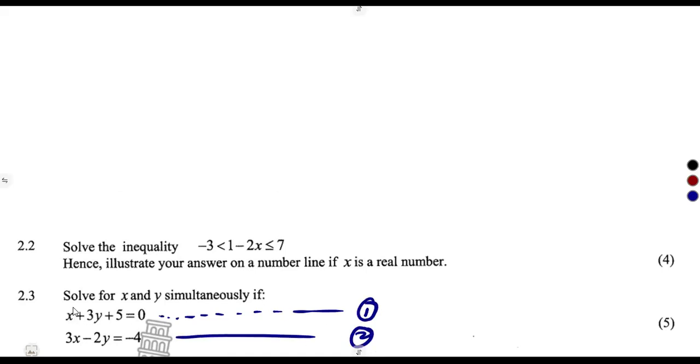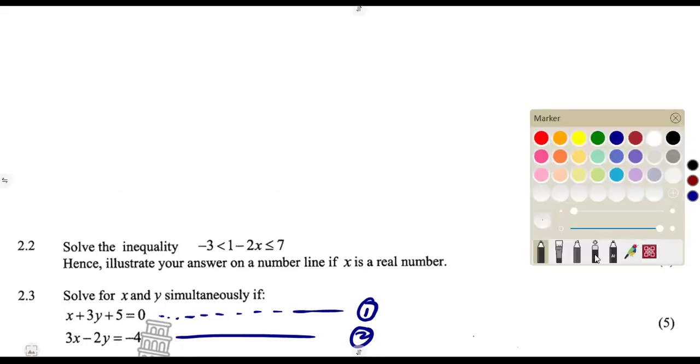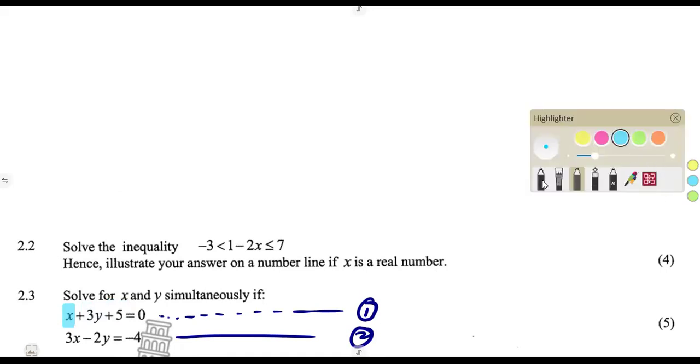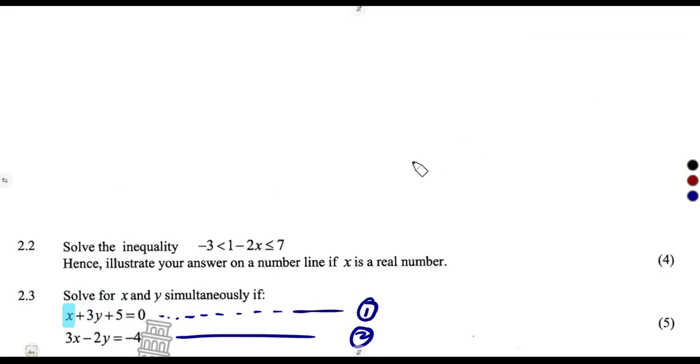On equation 1, I can make x the subject, this one. It's easier for us to have that x as the subject, because we simply have to take these other terms to the other side of the equation. We just have this. We need x. So from equation 1, I'm going to make x the subject.